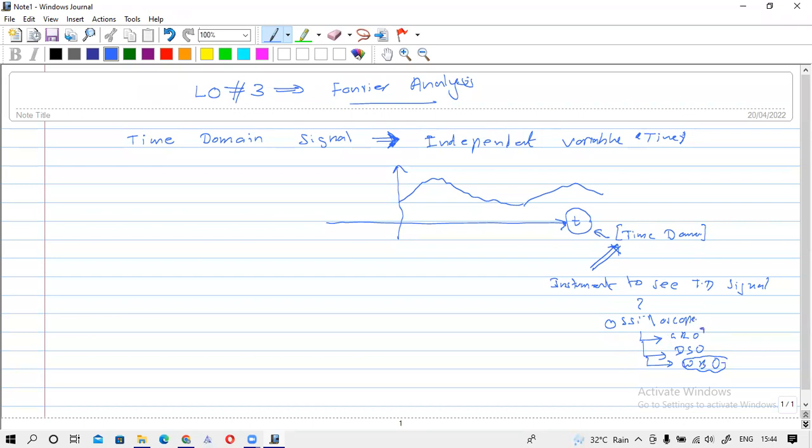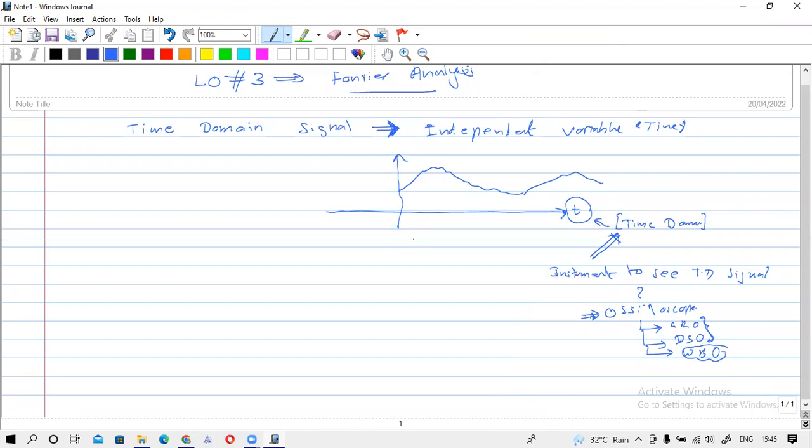So mainly these two, you are working with very often. I think in almost every lab you have to use this CRO or DSO, cathode ray oscilloscope or digital storage oscilloscope. Anyway, that is the instrument to see the time domain signal.